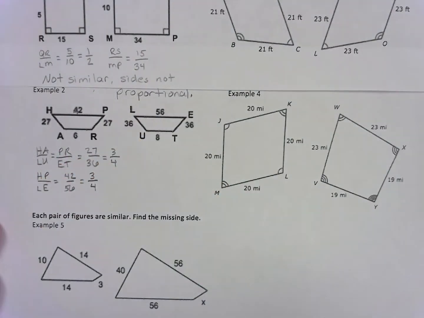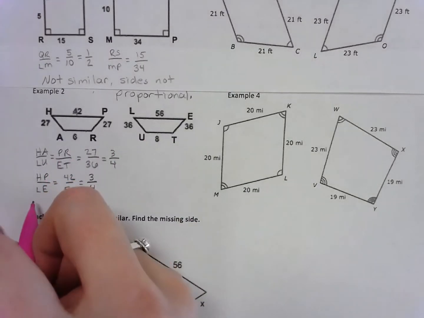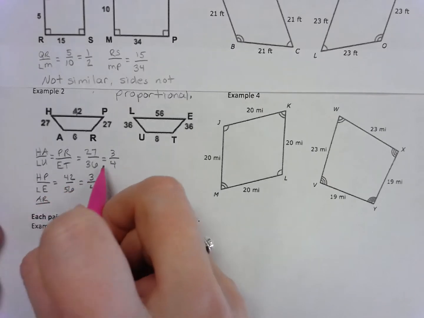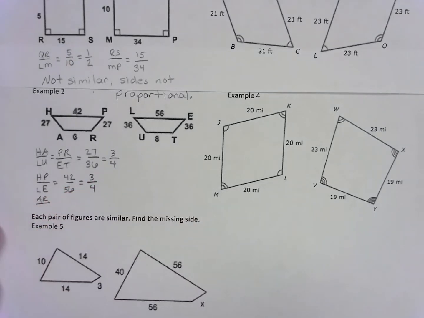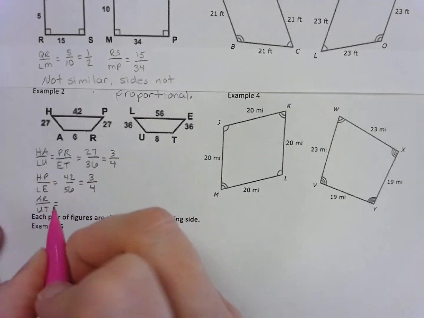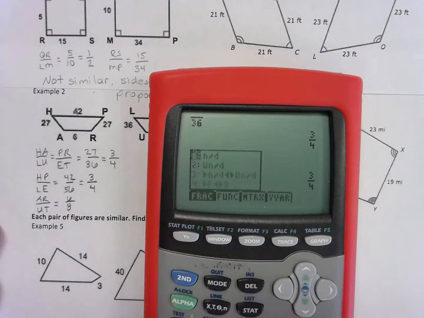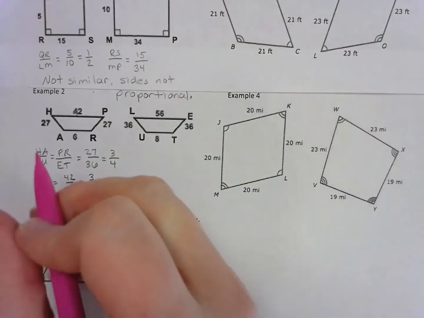We will need to continue comparing all sides, so AR to UT, to make sure that all sides are proportional. It is not enough to stop just seeing that these sides are proportional. Every side needs to be proportional with corresponding sides. So AR to UT. So 6 to 8. Does reduce to 3/4 once again.